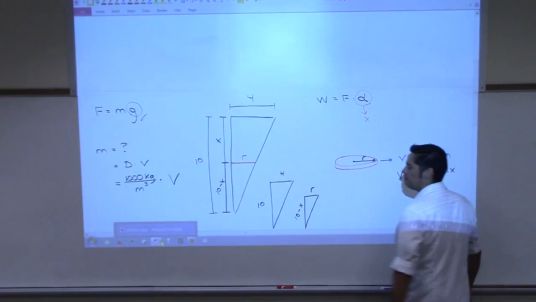Do y'all see all that? Okay, now what I'm going to do is I'm going to draw these two triangles separately. So here's the big triangle, 4, 10. And then over here, the smaller triangle is r, 10 minus x. Do y'all see that?